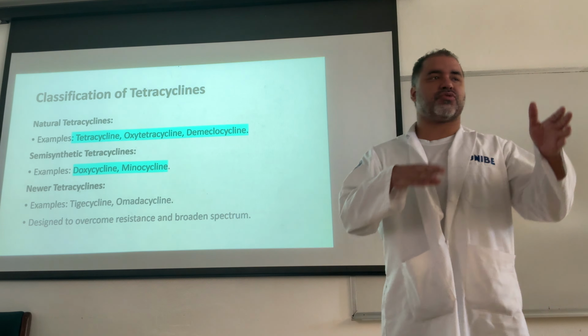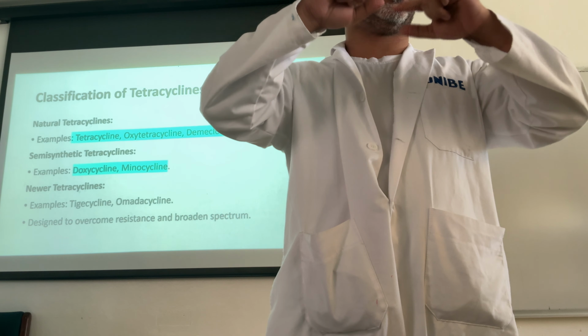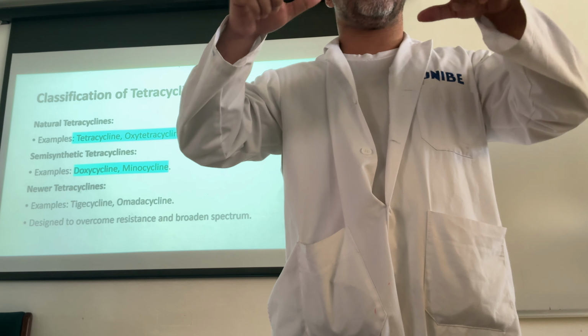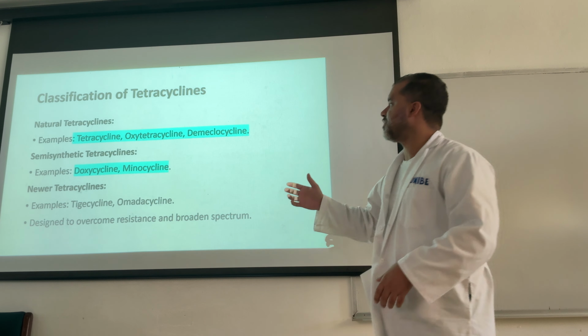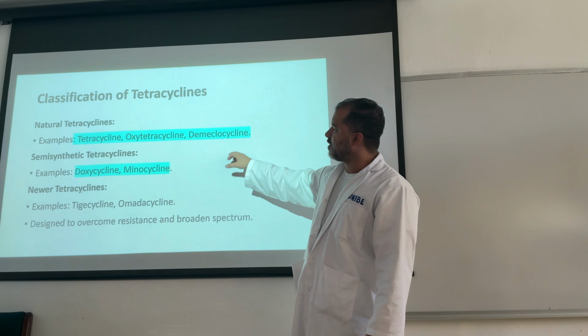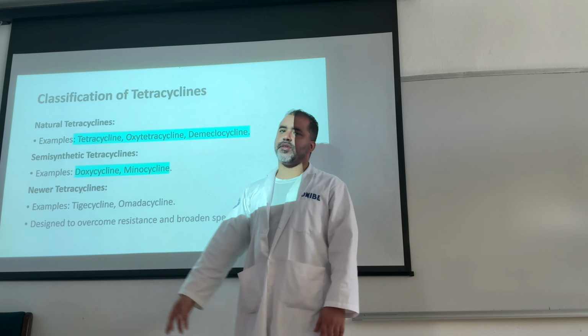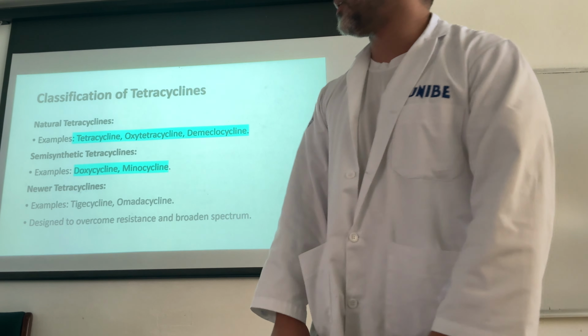Tetracycline is both a class of antibiotic and an agent itself. There is a tetracycline and there is the tetracycline family. Here we have tetracycline, oxytetracycline, meclocycline, doxycycline, minocycline. These are the easiest to recognize because of the cycline in the name.